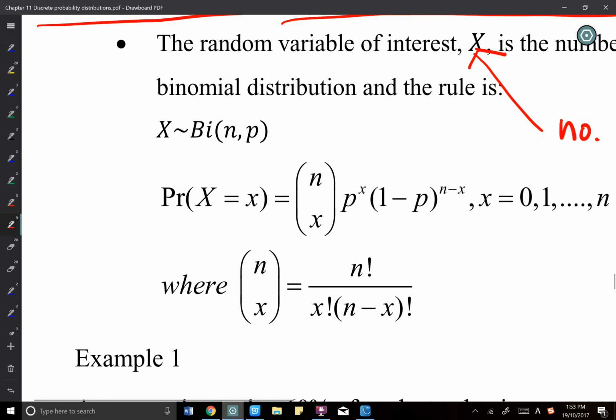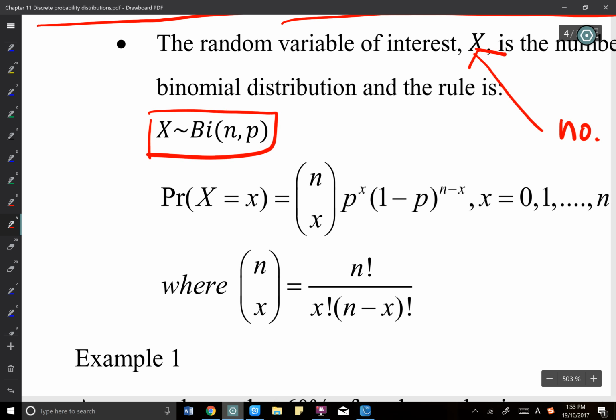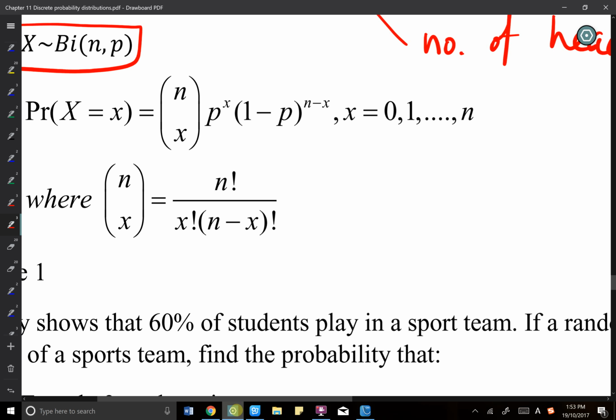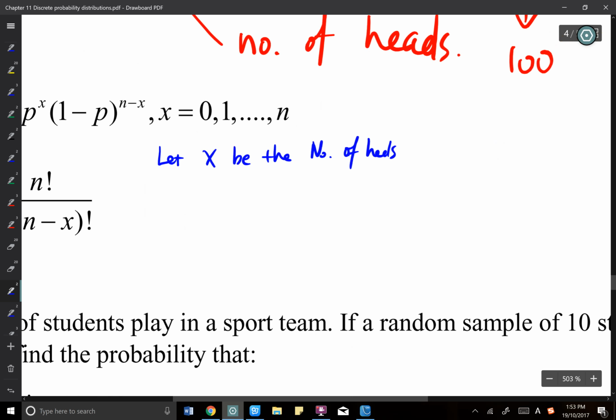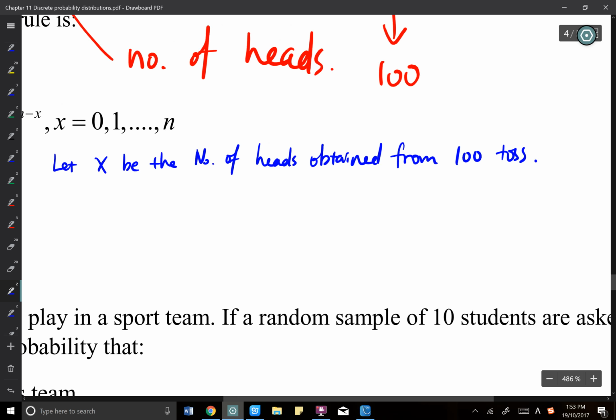Okay, important thing. This is the notation. What kind of notation is that? First of all, for example, in this coin tossing question, I will say let x be the number of heads obtained from 100 tosses.